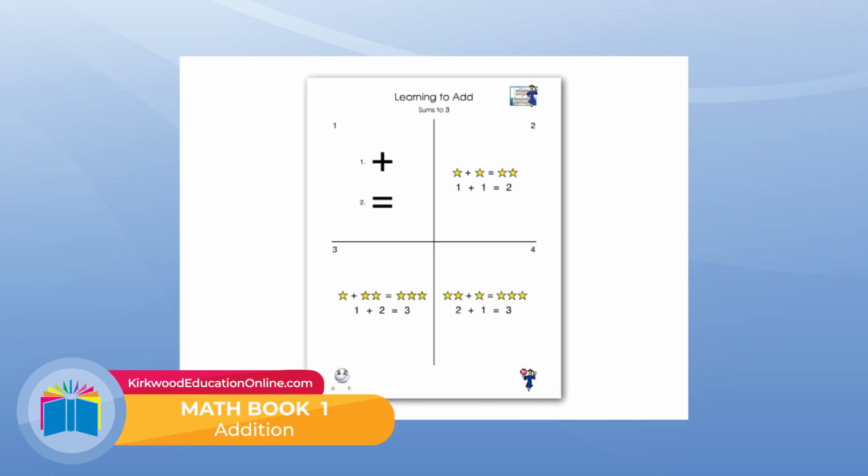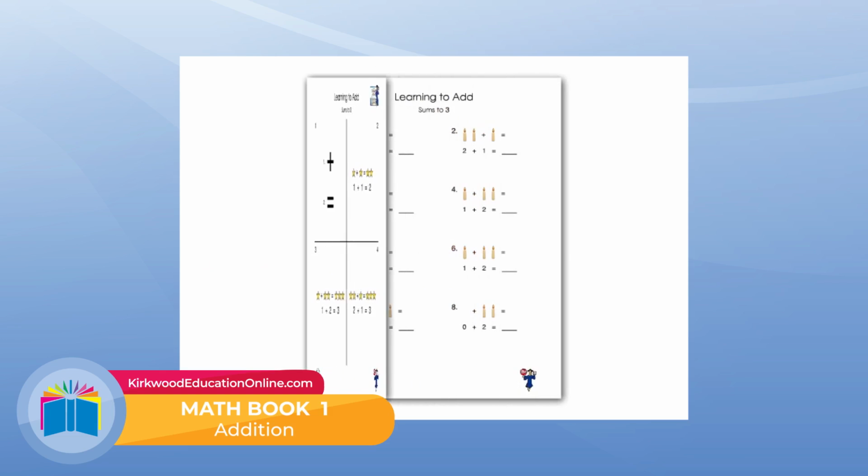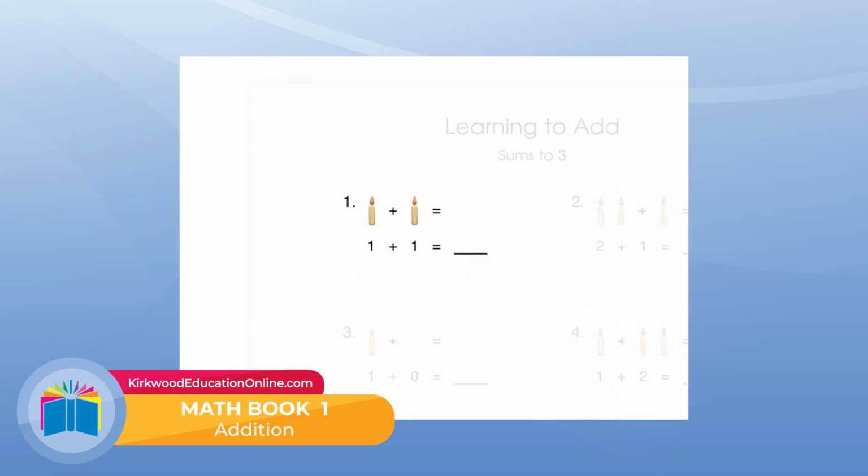Now look at your computer screen and the next page in your workbook. Look in the upper corner, the first problem next to the number 1. You see 1 candle plus 1 candle equals how many candles? It equals 2, but it would be hard to draw the candles. It's much easier to write it with numbers.